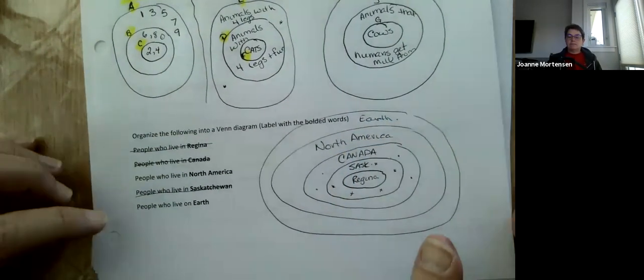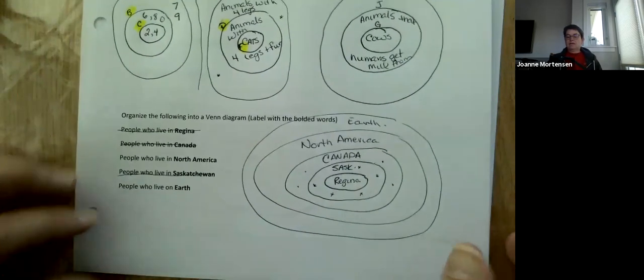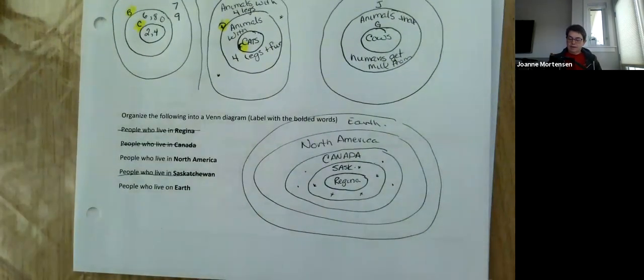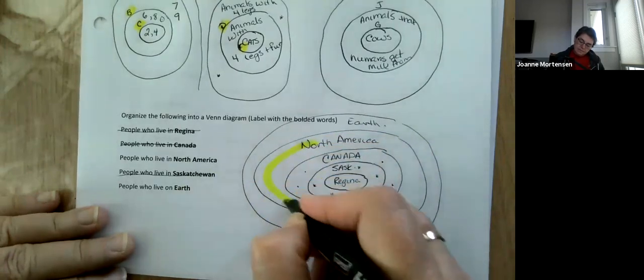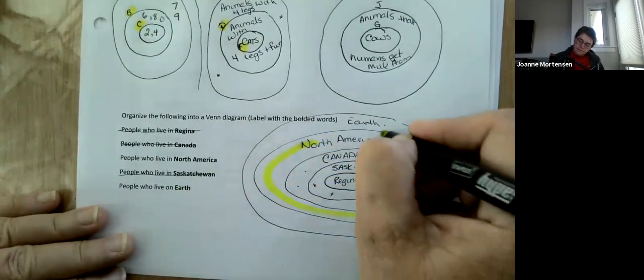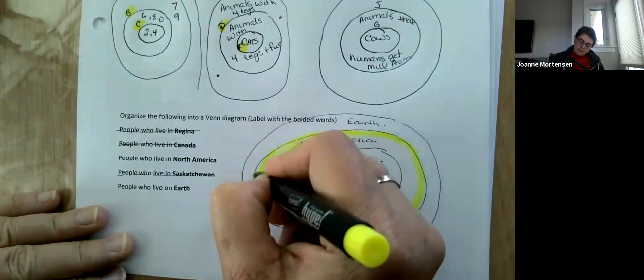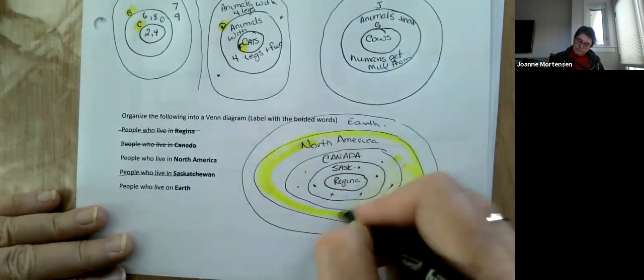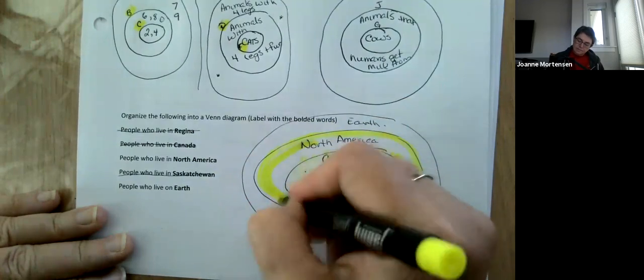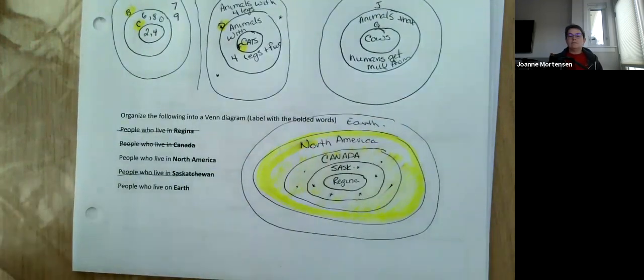That wasn't so bad. So if I say somebody lives in North America, well, that would mean anything in the colored area.